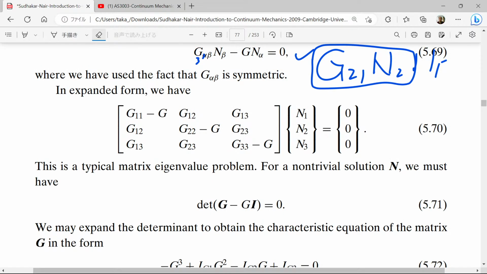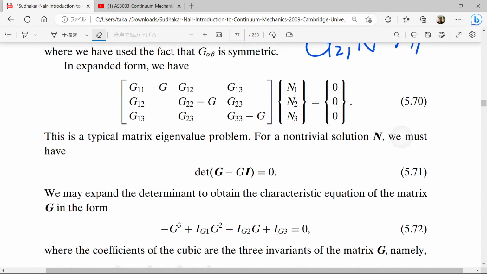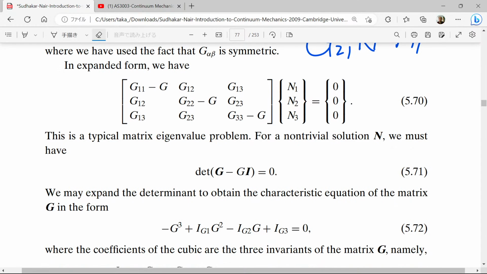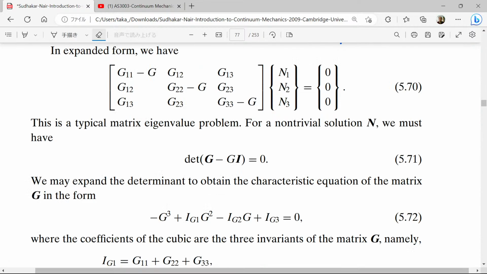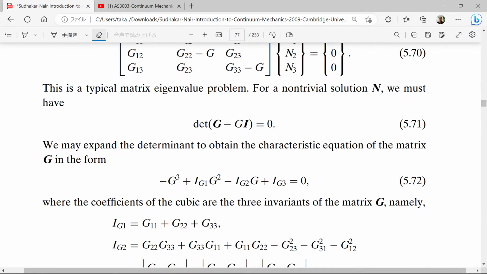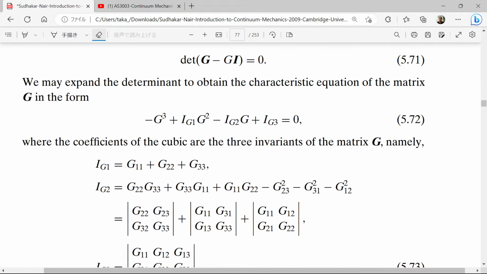We must have determinant of g minus gi equals 0. We may expand the determinant to obtain the characteristic equation of the matrix G in the form. I'm not familiar with this. This is a three-dimensional matrix.